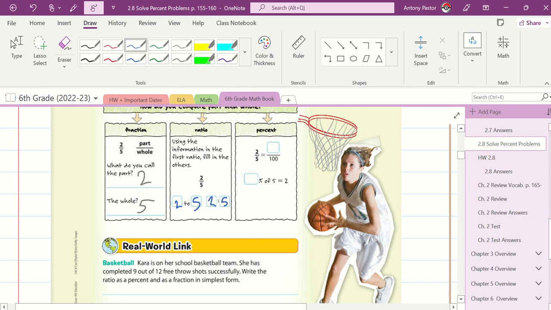That means for every 2 something, there is 5 something else. Say for every 2 rainy days in the week, there are 5 sunny days. This would be a ratio. And then as a percent, as we talked about earlier, this would be 40. And then 40% of 5 is 2. 2 would equal 40%.